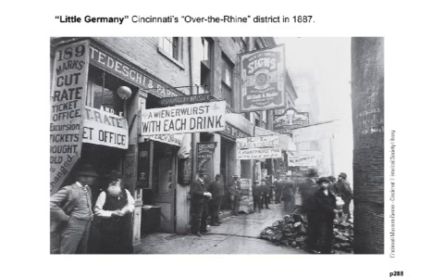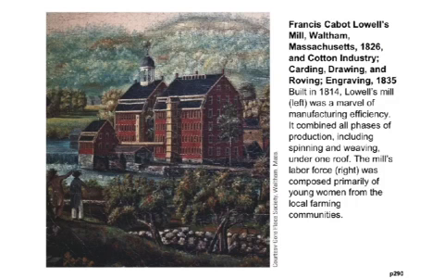This is a picture showing Little Germany in Cincinnati's Over-the-Rhine district in 1887. This is a picture of Francis Cabot Lowell's mill in Waltham, Massachusetts, which was basically very famous for its efficiency, and it combined phases of production, including spinning and weaving, all under one roof.